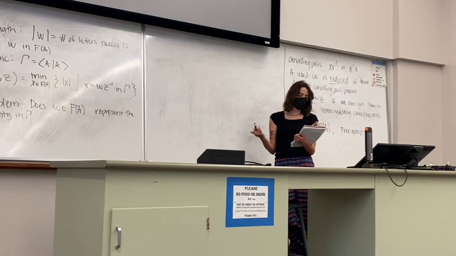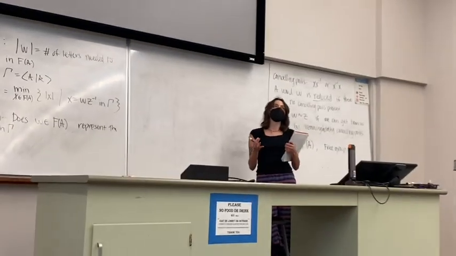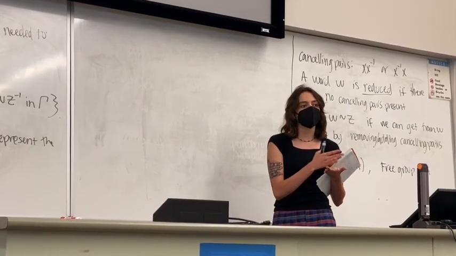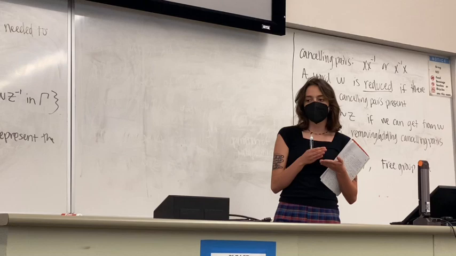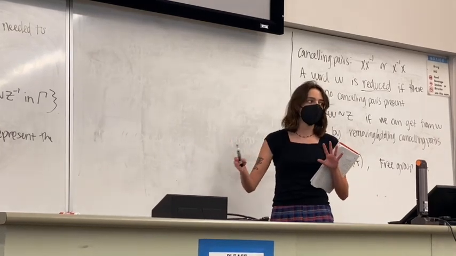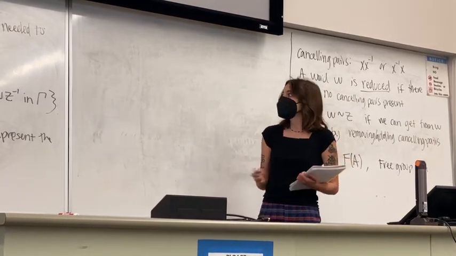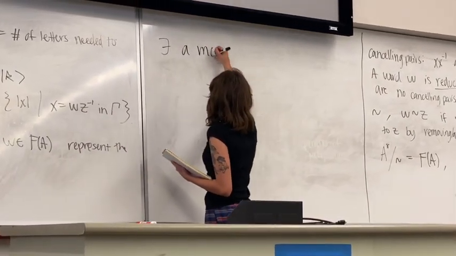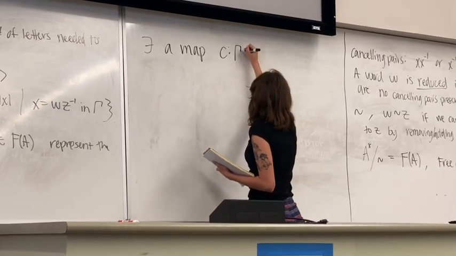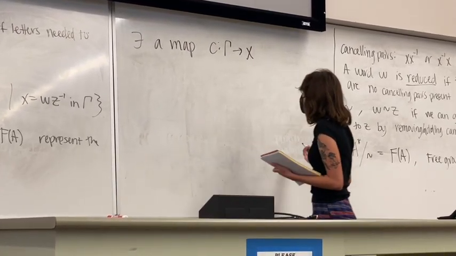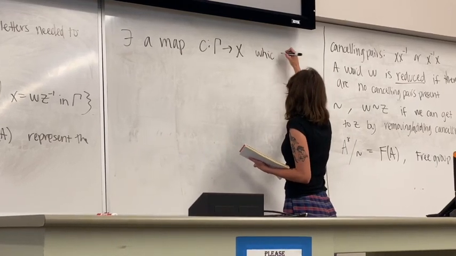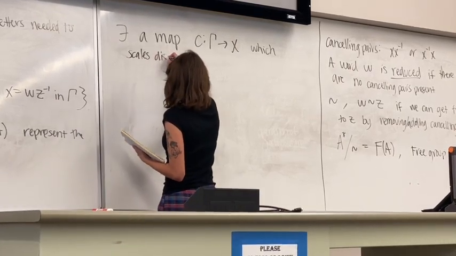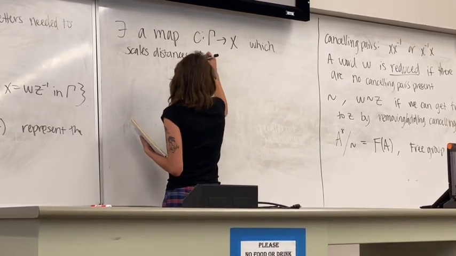And so, although it would be nice, we can't show that gamma, which acts properly, co-compactly, and by isometries on a geodesic space, is isometric to the space on which it acts. But we can show that there exists a map which goes from gamma to our geodesic space X, which scales distances plus a margin of error.